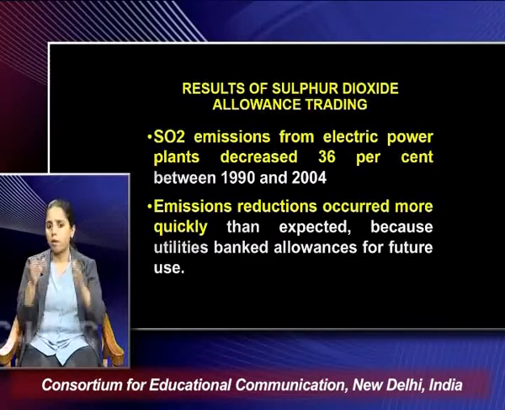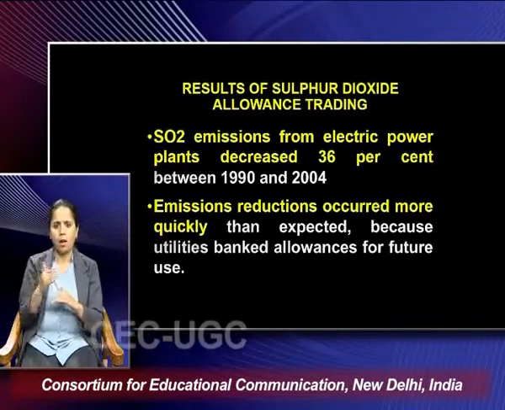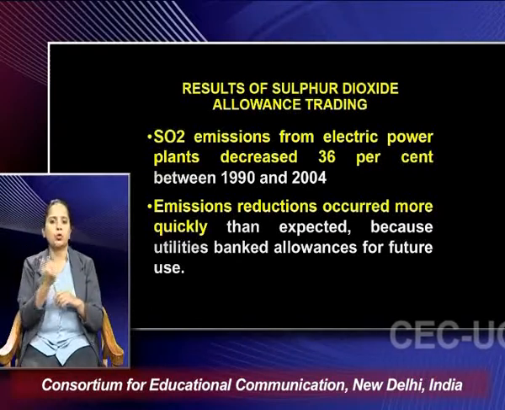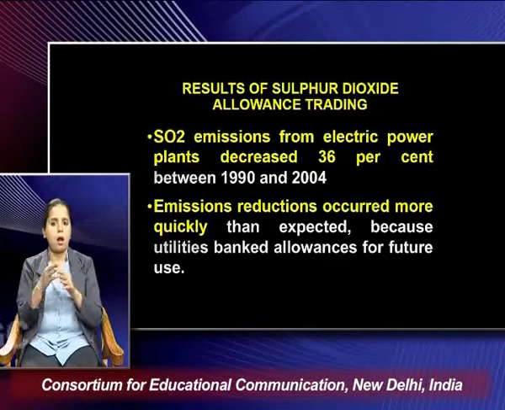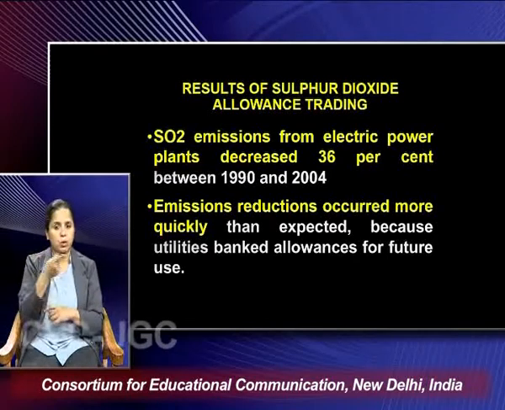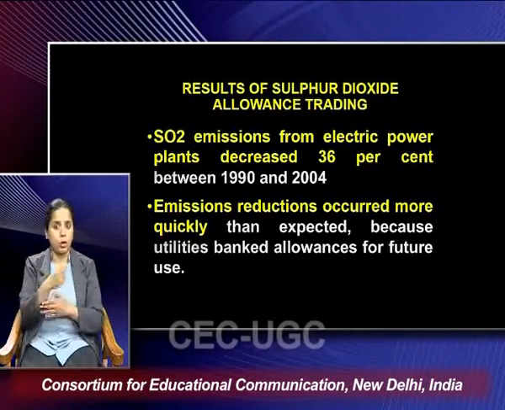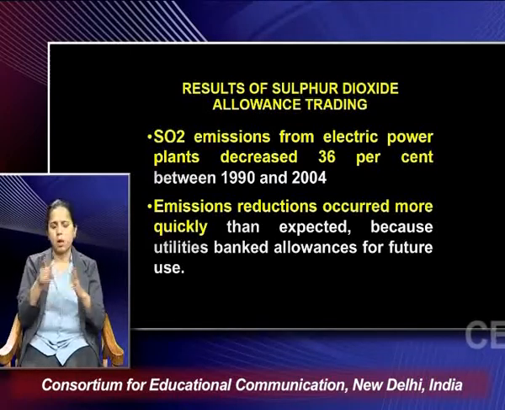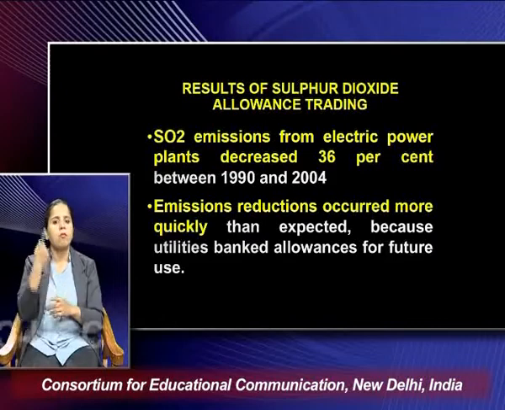Emission reduction occurred more quickly than expected because utilities banked allowances for future use. So this banking system of using the allowances in the future came out to be very beneficial and fruitful for the system. The program did not generate significant hotspots or geographical concentrations.